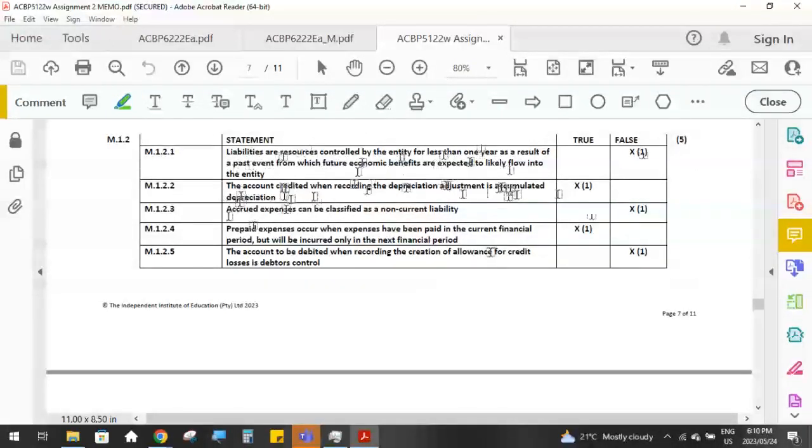Remember also that the accumulated depreciation account is the account that we call a negative asset, because the accumulated depreciation accounts are always married to their relevant or matching asset account. So we have got an asset account called vehicles, which contains the rand value of vehicles at cost, and then married to that account will be accumulated depreciation vehicles, which will have a credit balance.